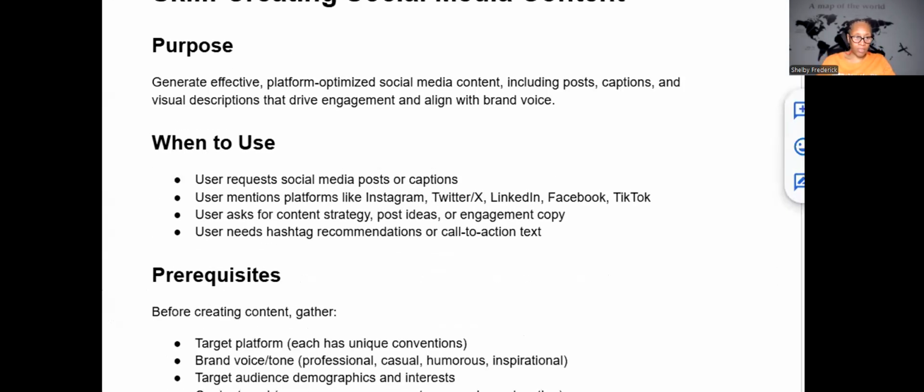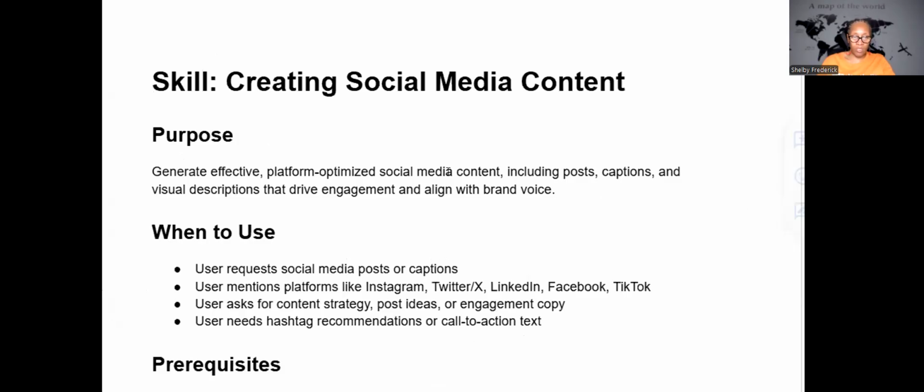So this actually breaks everything down. When you talk about creating 12 pieces of content, this would be the purpose: generate effective platform-optimized social media content, including posts, captions, and visual descriptions that drive engagement and align with brand voice.